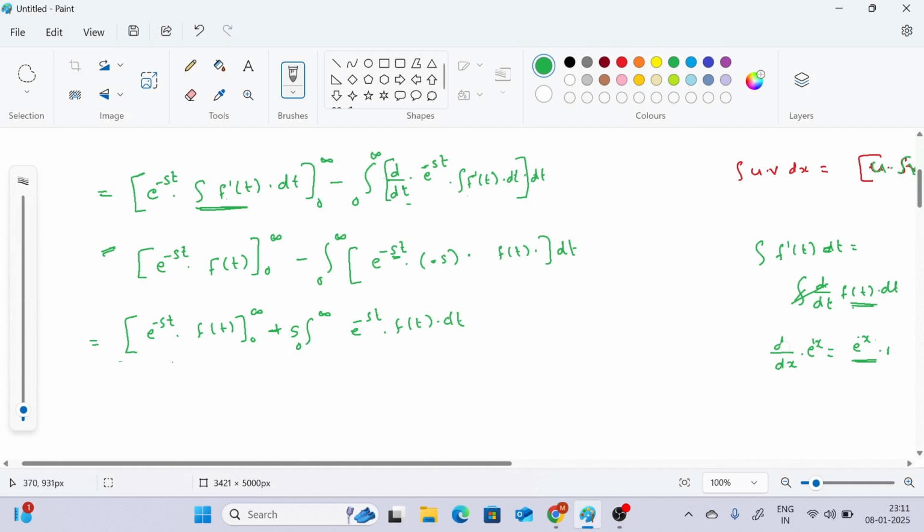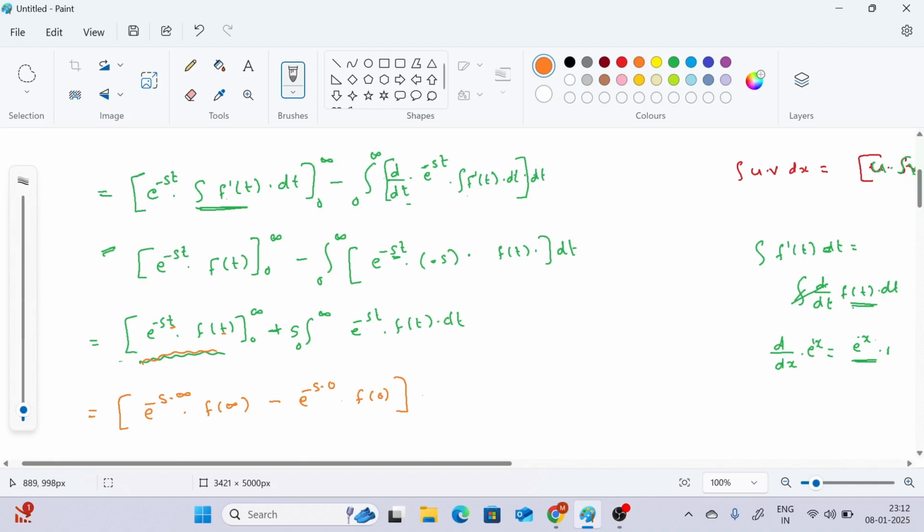I'm going to put the limits in the first term. I'm going to put infinity in place of t, so e raised to minus s into infinity f of infinity, minus, now I'm going to put 0, e raised to minus s into 0 f of 0.